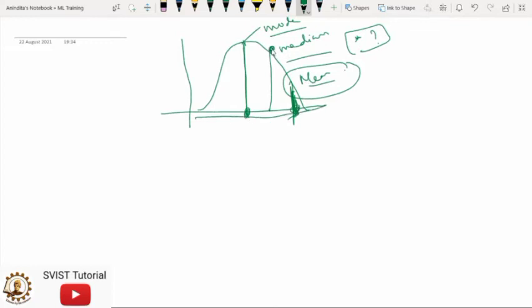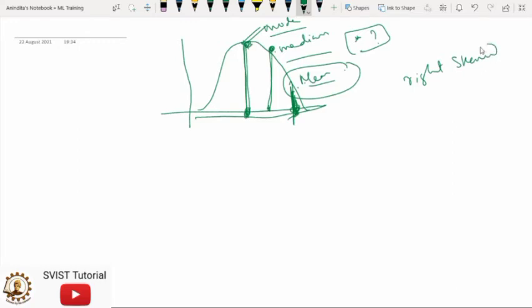And the median value is greater than the mode value. So whenever you have this kind of situation where mean is greater than mode and median is greater than mean, at this point of time it is known as right skewed.